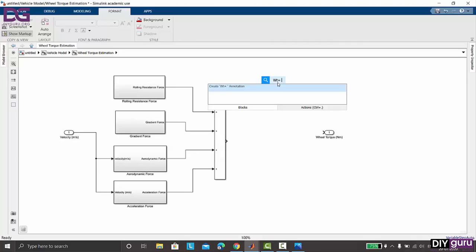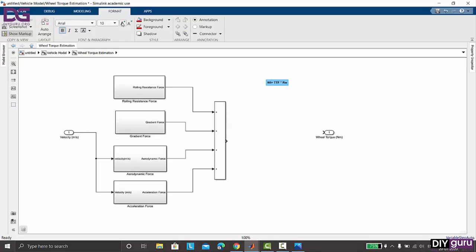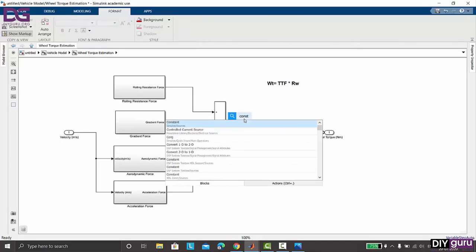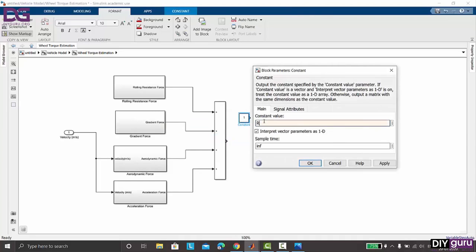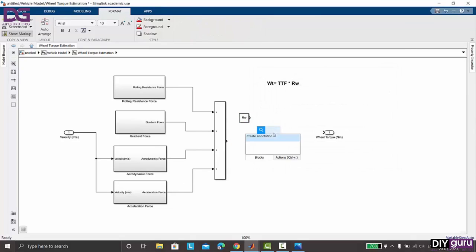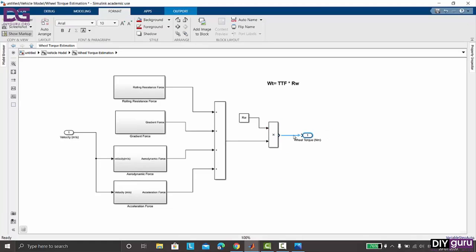As we know that wheel torque is total tractive force multiplied by radius of wheel. So add one constant block, name it RW, one product block, and connect it to wheel torque.